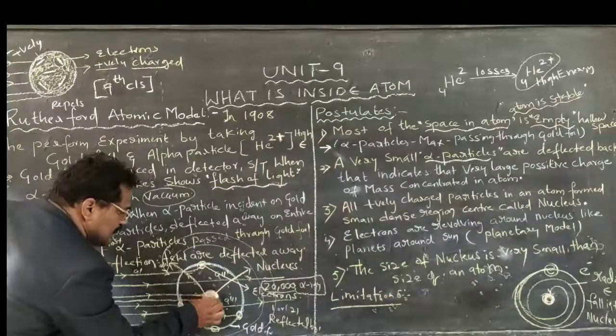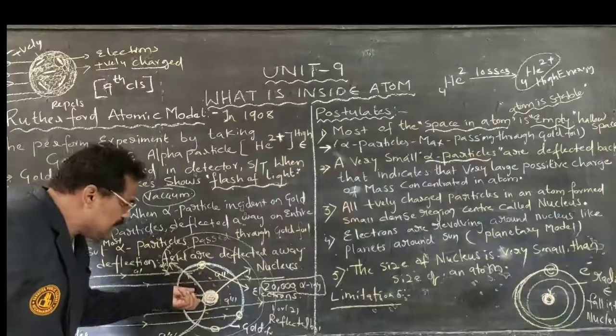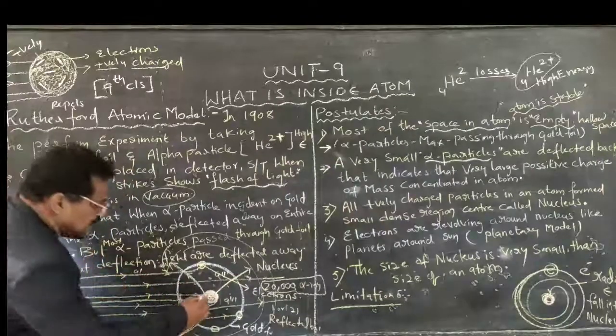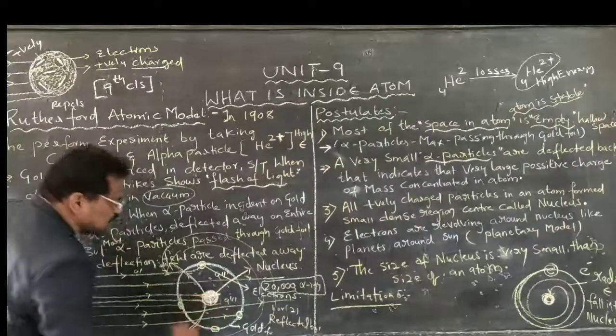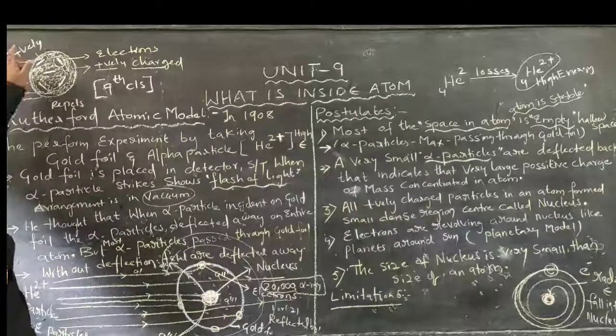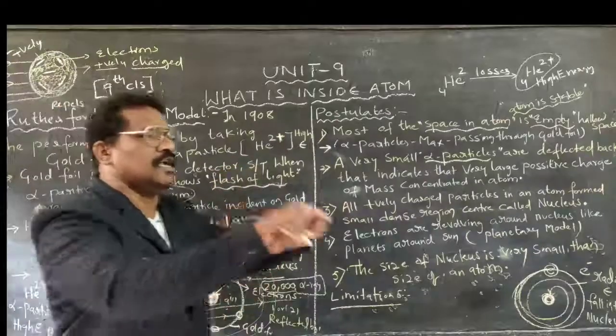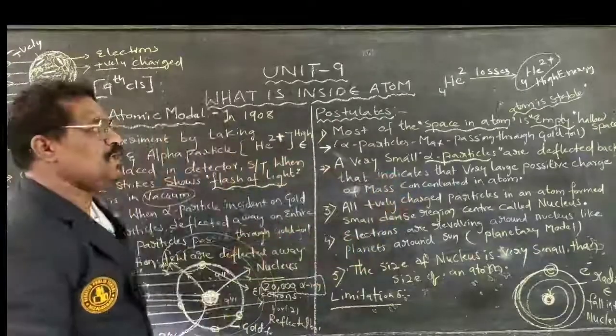They are deflecting from the region where they are incident. Why is this deflection taking place? There must be a positively charged particle there. Why? Alpha particle is a positively charged particle. If positively charged, repulsion takes place, and due to that, deflection can take place.